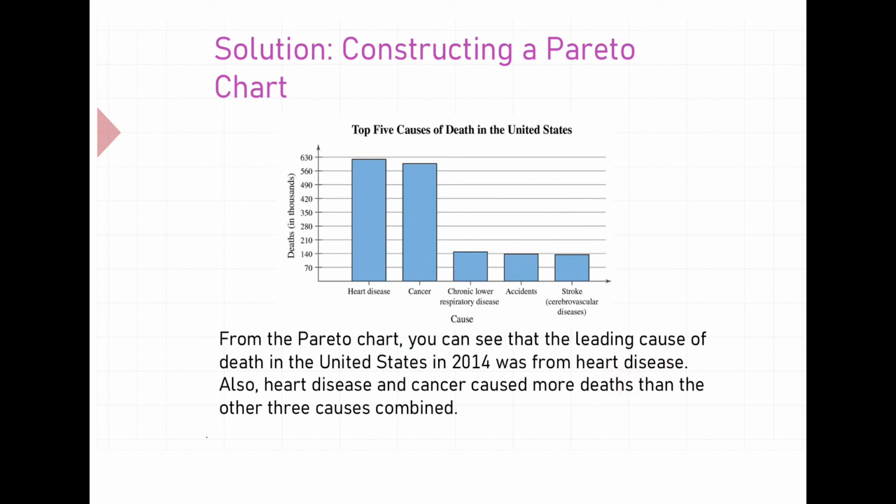But this is from 2014. And we could compare these number-wise and see that even if we added these up, this still is more deaths than all 3 of these later ones combined. So this is all interesting information, numbers put into a picture form to help us organize and make sense of data.